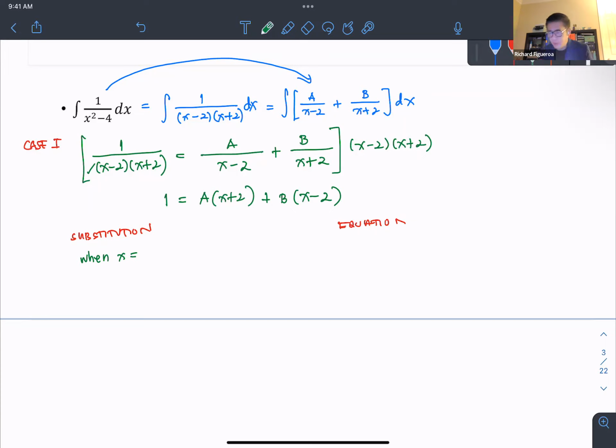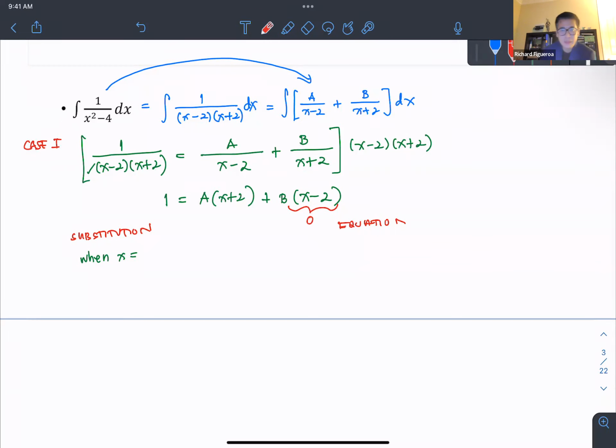Like for example, there are only two values that we want to get, the values of A and B. But I want to get first the value of A. For me to get the value of A, I want to eliminate B. So dapat matanggal muna yung B. Para matanggal ang B, dapat this x minus 2 should be equal to 0.